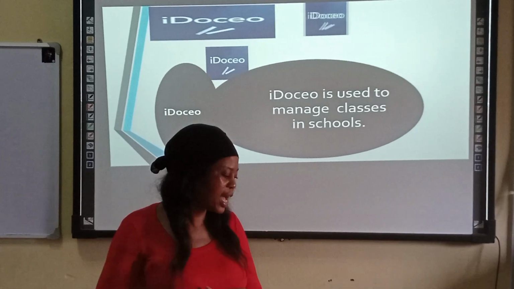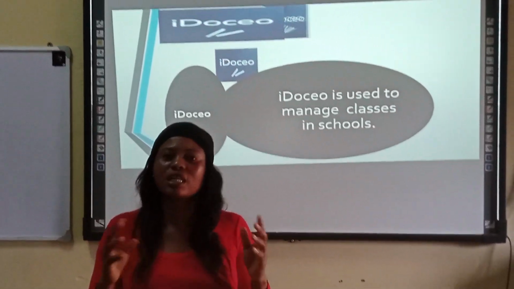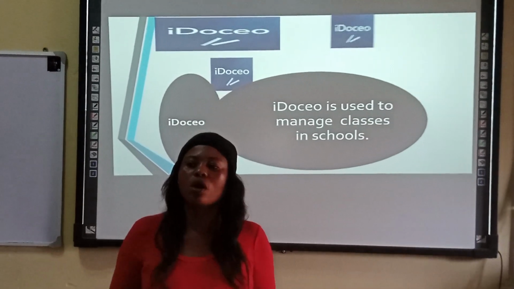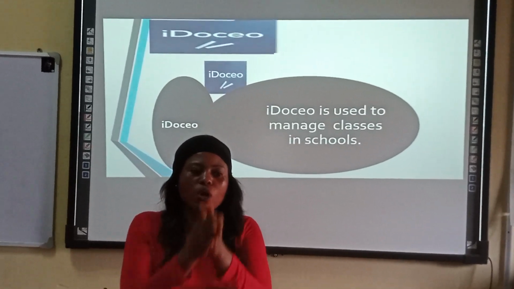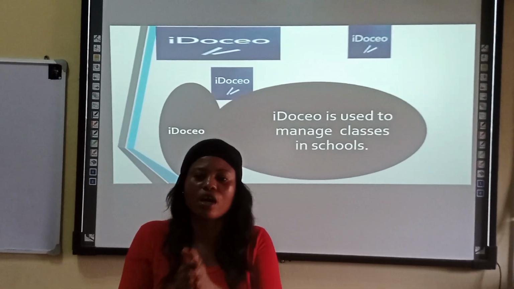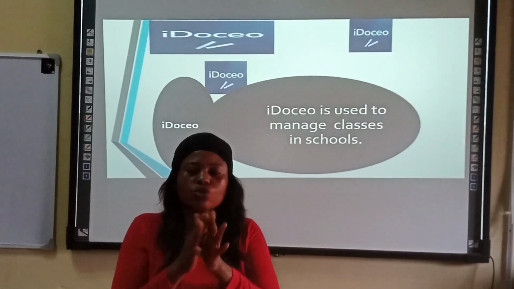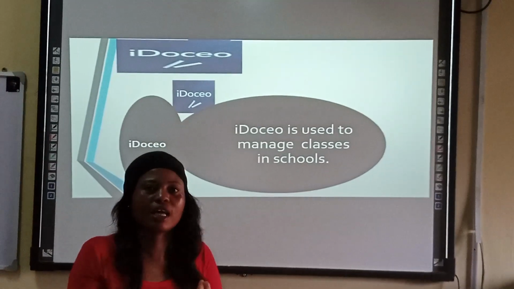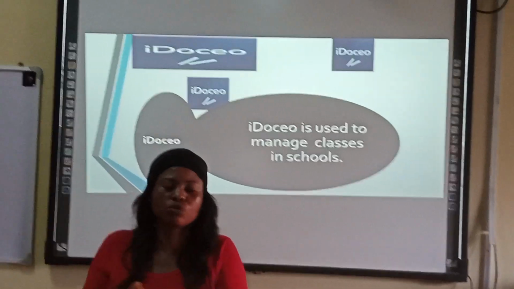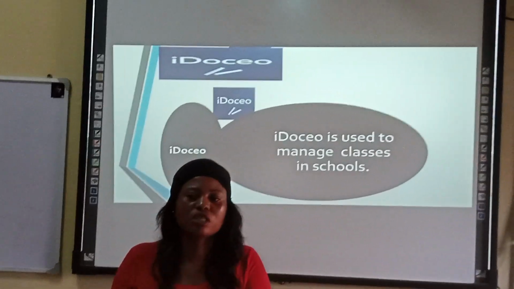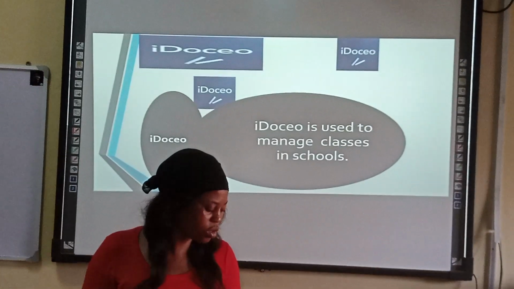It's used to manage class in schools. Managing class in school means that one can easily use it to know what happens within an interval, what the teacher does or what the student does. You can use it to know the number of students in a particular class and manage what they do. Even in another class, you can use it as well to monitor what students do.